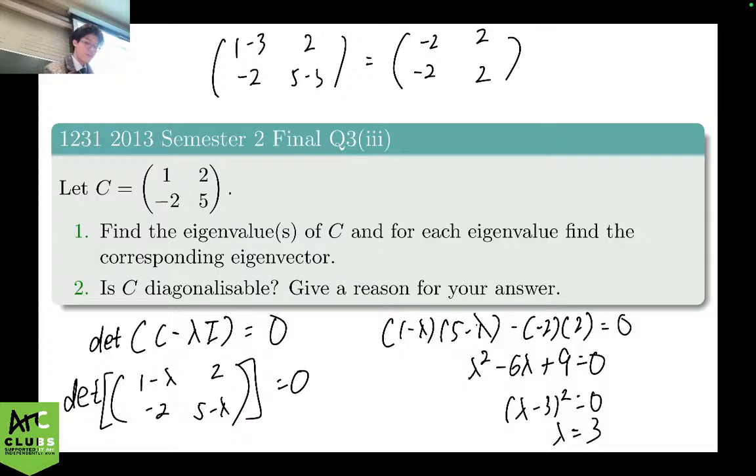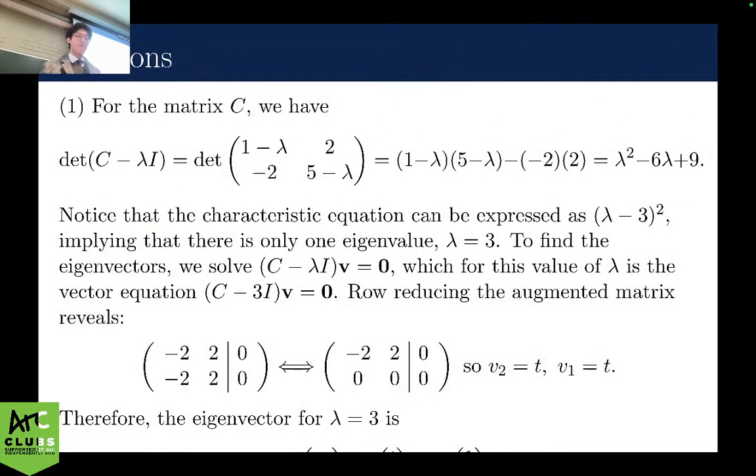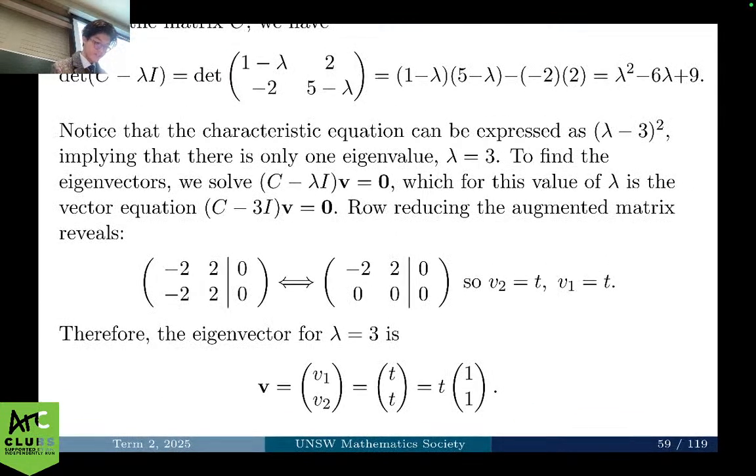We want to solve this as an augmented matrix with the 0 matrix. If we row reduce this matrix with our beautiful software Maple, we row reduce it to this solution here: minus 2, 2, and 0, 0.